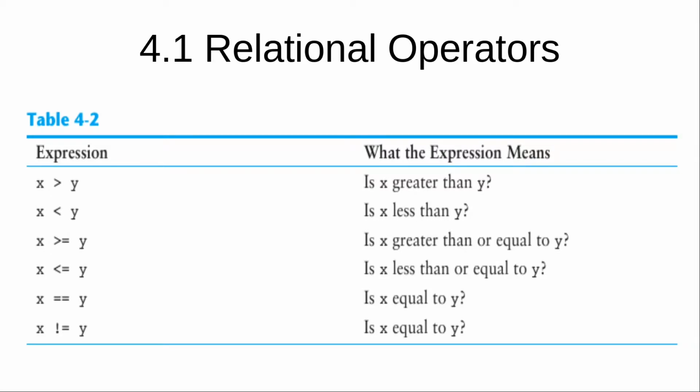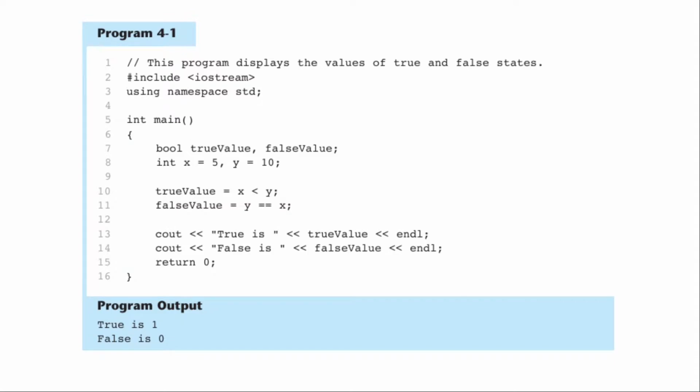Here are the appropriate examples, if you don't want to read that. Right here we've got an example program. You can do a comparison, check if it's true or false, and store that fact as a bool value.